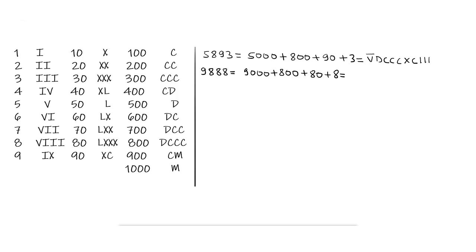So we write M X-bar. X-bar is 10 multiplied by 1000, which is 10,000. M is written prior to it, so the value of M is subtracted from the value of X-bar. So 10,000 minus 1000 is 9,000.